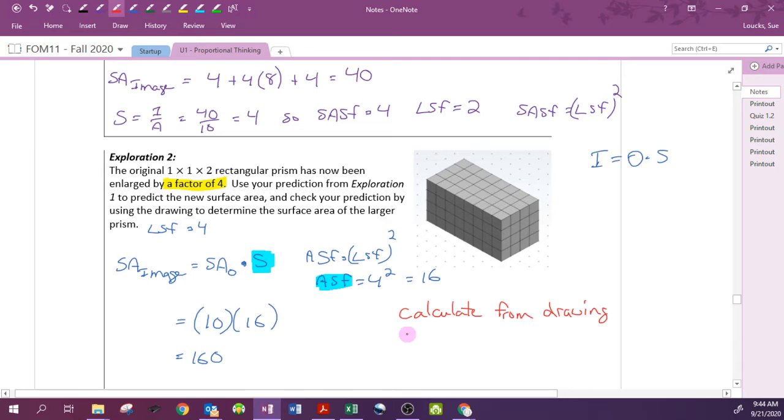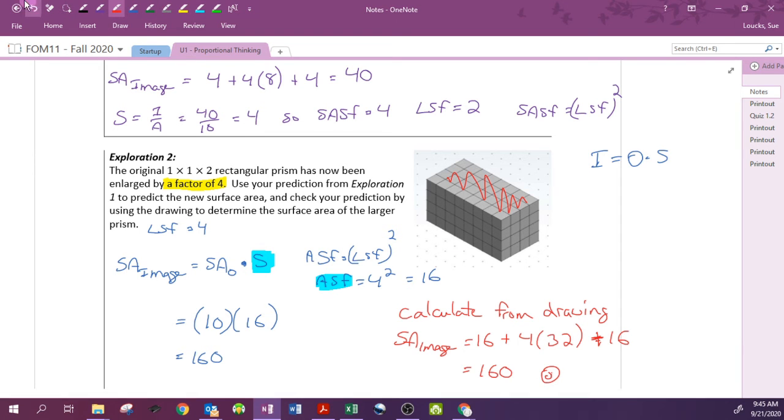So the surface area of the image, the larger one: this end is 1, 2, 3, 4, 5, 6, 7, 8, 9, 10, 11, 12, 13, 14, 15, 16. And I have 4 sides that each have 4 times 1, 2, 3, 4, 5, 6, 7, 8, so that's 32. So this top section here has 32. And there are 4 sides that are all like that. And then plus another 16 at the other end. And if I add that up, I get 160.